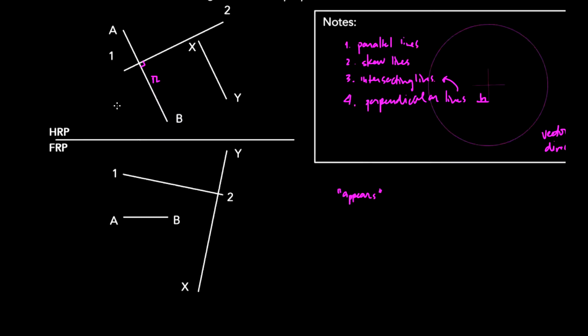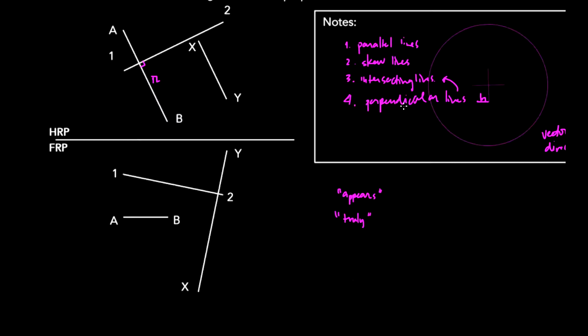So kunwari pag sinabi ko dito, line AB here appears perpendicular to line 1, 2, I'm only referring to its perpendicularity as viewed in HRP. But when I say truly parallel or truly perpendicular, then I am referring to their actual relationship in space.